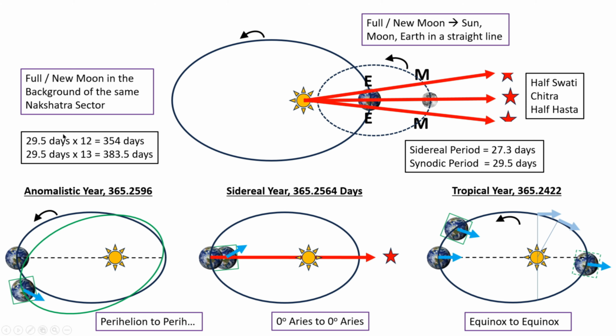So this is about the period of 12 full moons, and whenever this extra month comes, when two full moons happen within the same sector, then this lunar year will have 13 moons or 13 months in it, which is 13 into 29.5 is 383.5, so it will have 383, 384 days. So at the lower end there are about 354, 355 days, and at the higher end there are 383 to 385 days when there are these extra months.